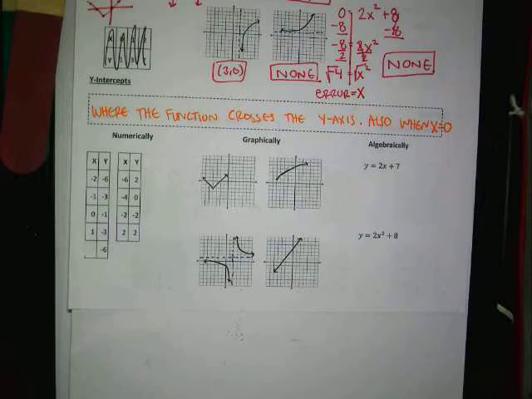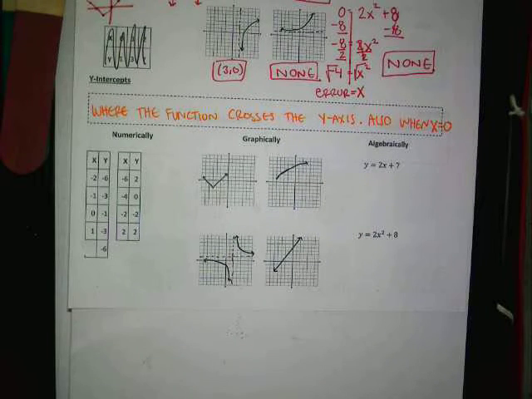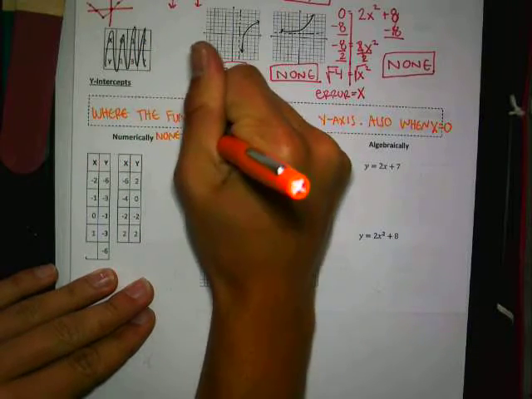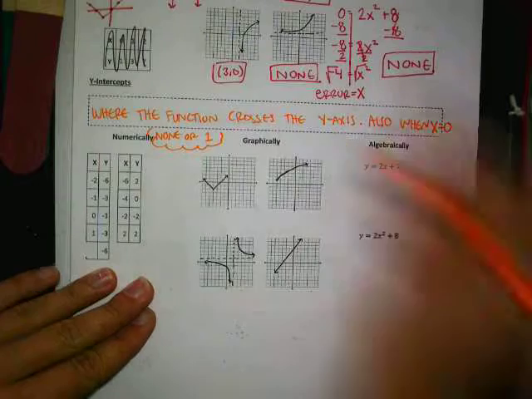And now, is it a function? No, because it doesn't pass the what? Right, the vertical line test. You remember hearing that? So that's why you'll never have 2 y-intercepts. It'll always be either none or just one of them. Those are your only options, none or 1.